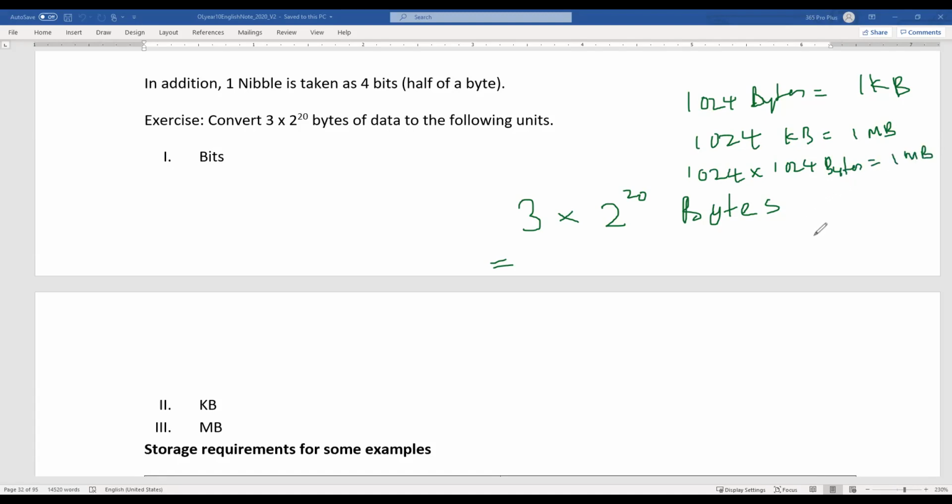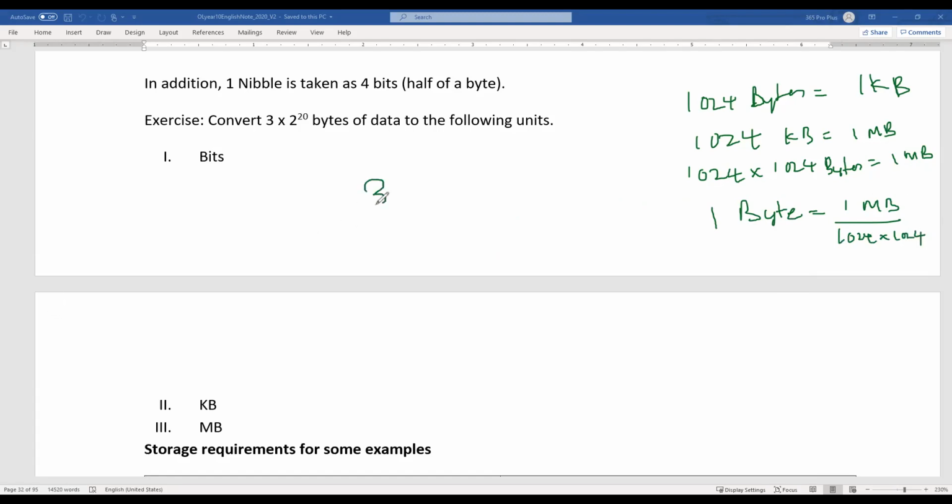So 1 byte is equal to, let me erase this, to get 1 byte, you have to divide both sides by 1024 into 1024. Right.